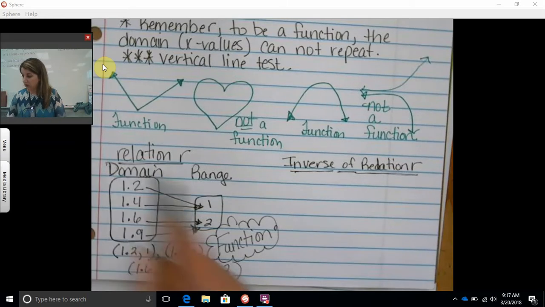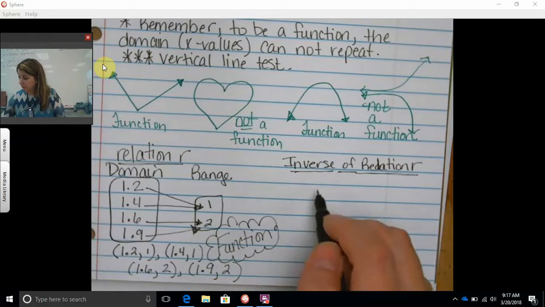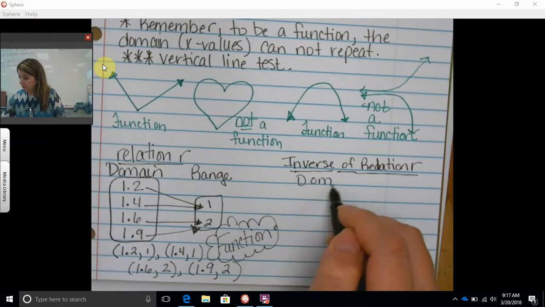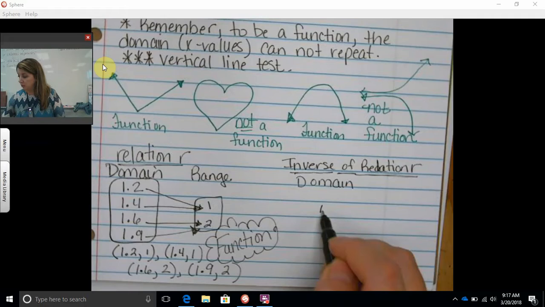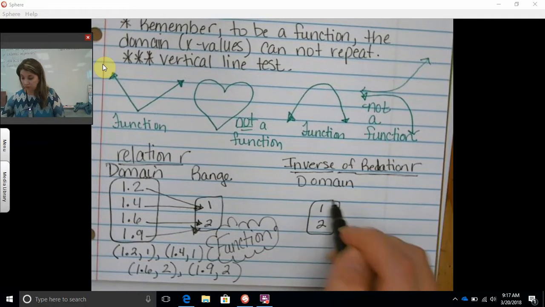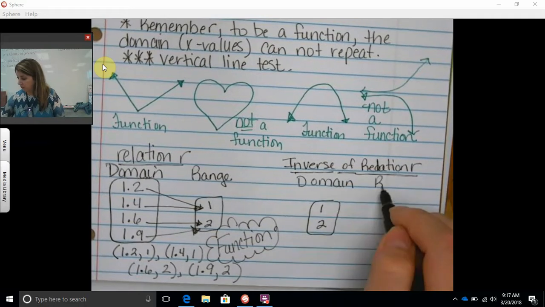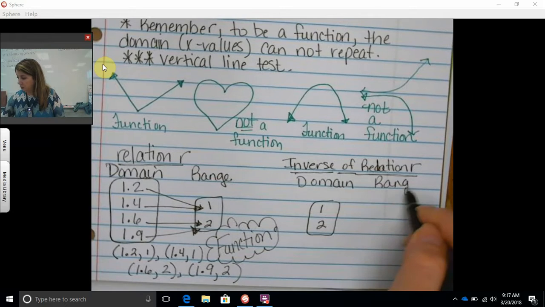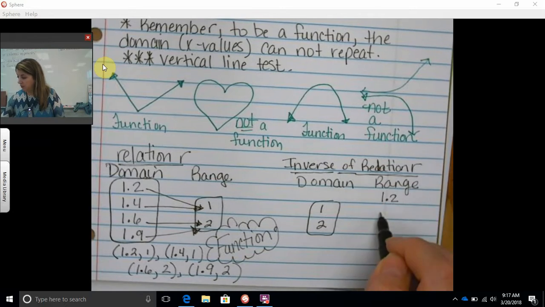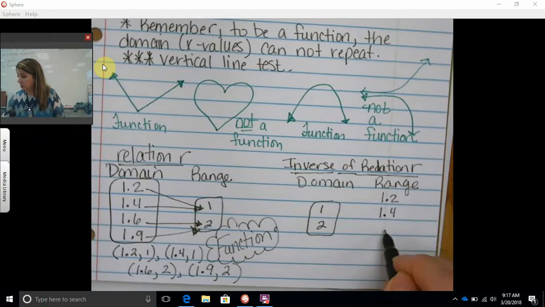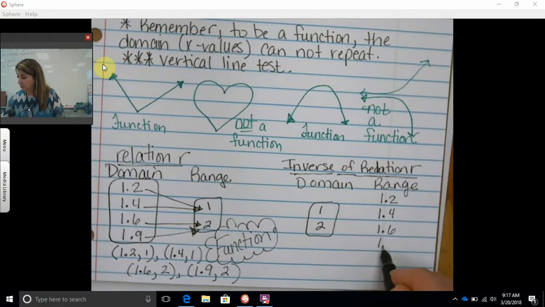The inverse of relation R: my domain will now be the 1 and the 2, and then my range will now be 1.2, 1.4, 1.6, and 1.9.